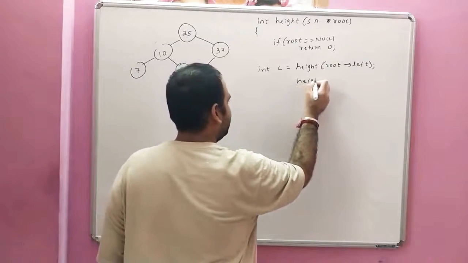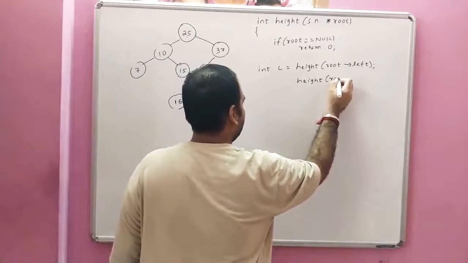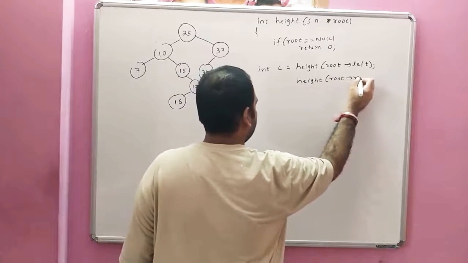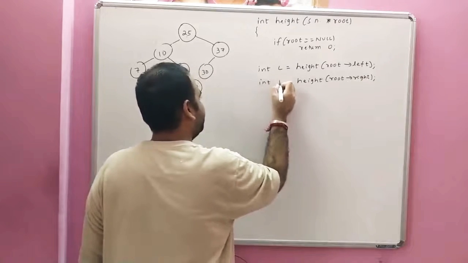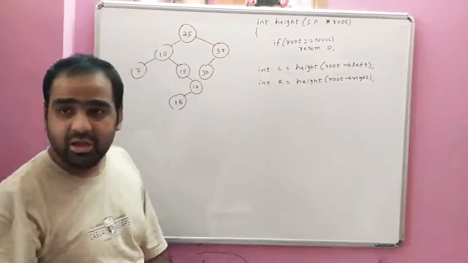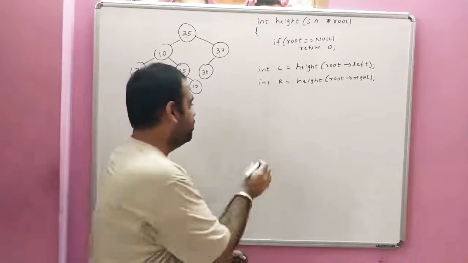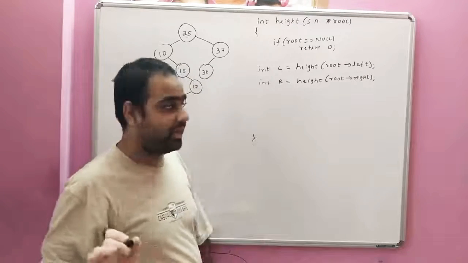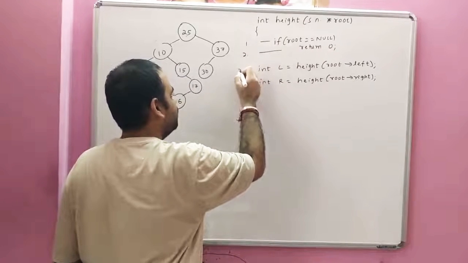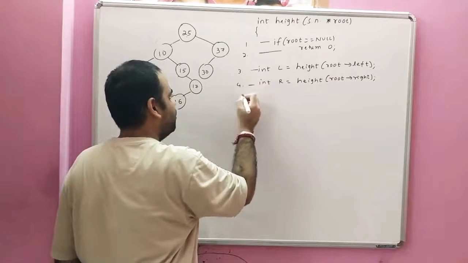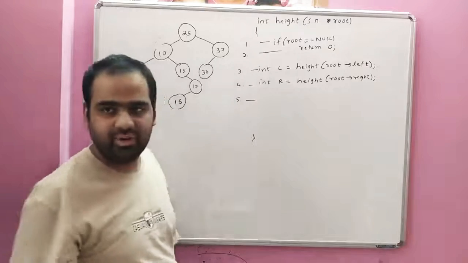What do I write over here? Height of root arrow right. Again the height function returns an integer, so I store it in R. What to do later, we will see in some time. Now let this be line number 1, 2, 3, 4 and let this be line number 5.